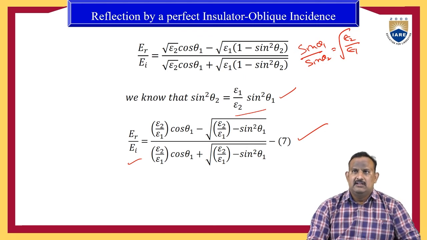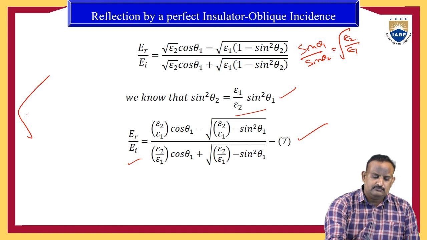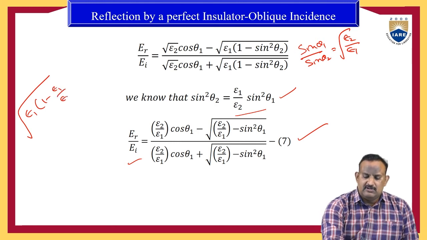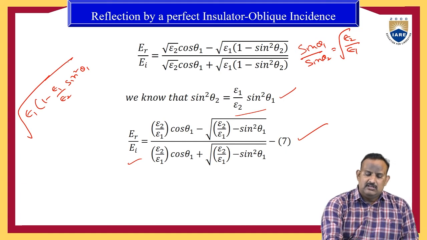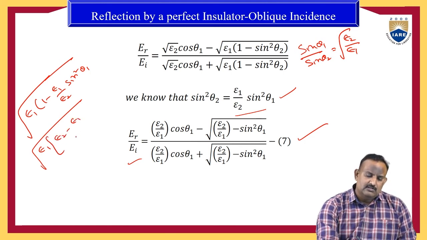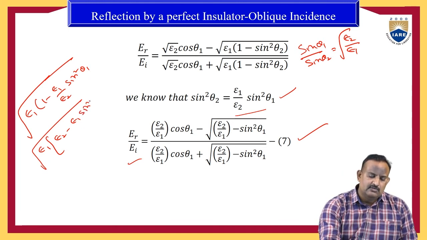Here I will show one expression. It is root of epsilon 1 into 1 minus, in place of sin square theta 2, epsilon 1 by epsilon 2 sin square theta 1. So if you take the LCM, it is root of epsilon 1 into epsilon 2 minus epsilon 1 sin square theta 1, divided by epsilon 2.